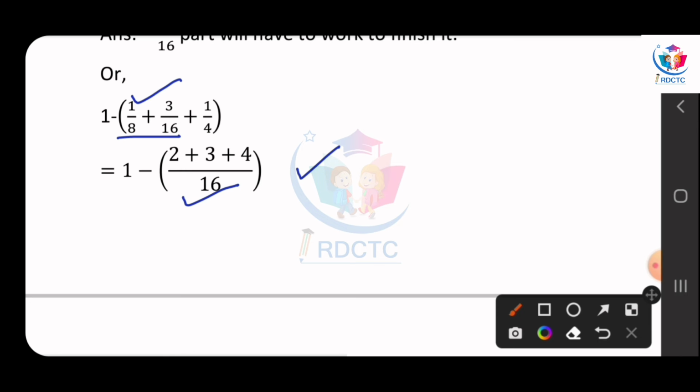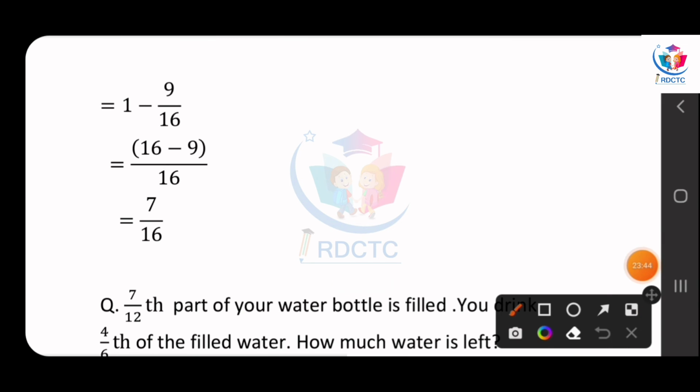Then we add all the numbers and we get 1 minus 9 by 16. Then we take the LCM and we get 16 here, and then we divide the 16 by the given denominators and multiply the numbers, and we write here 16 minus 9, and after subtracting the numbers we get our answer, that is 7 by 16.